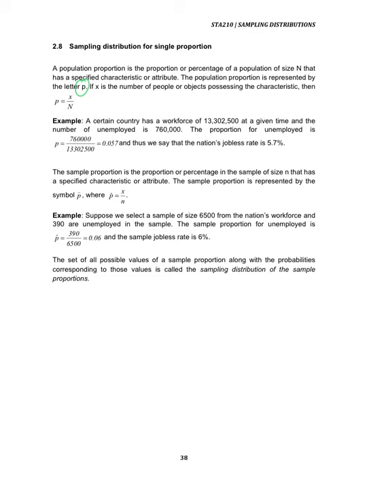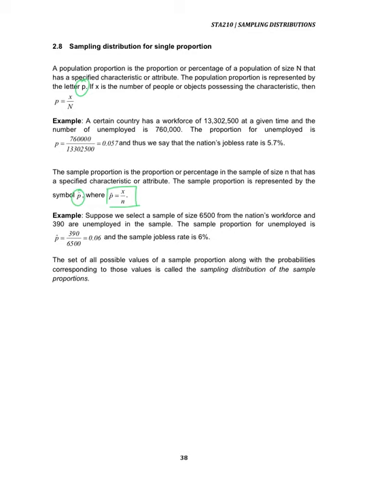Then what is sample proportion? Sample proportion is the proportion or percentage in the sample of size n, small n, that has a specific characteristic or attribute. The sample proportion is represented by the symbol P hat. For the population proportion we use P, but for the sample proportion we use P hat, which equals X over small n, because we take it from the sample.